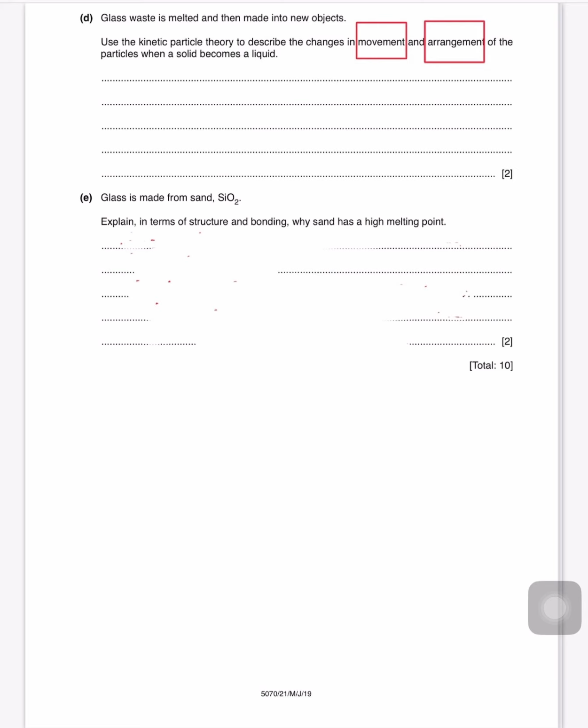So here we should mention the heat, here we should mention kinetic energy, here we should mention that particles are moving away from each other.